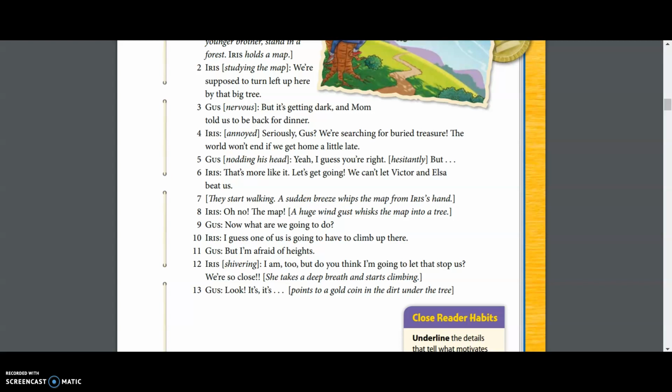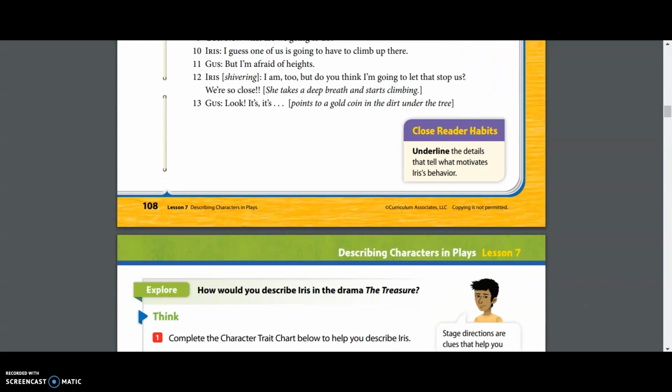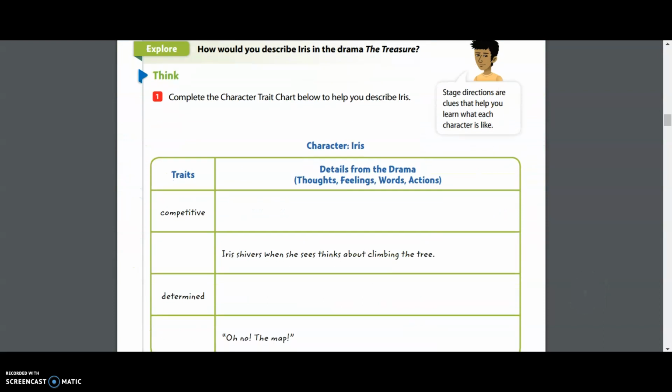Iris, shivering: I am too, but do you think I'm going to let that stop us? We're so close. She takes a deep breath and starts climbing. Gus: Look, it's... points to a gold coin in the dirt under the tree.